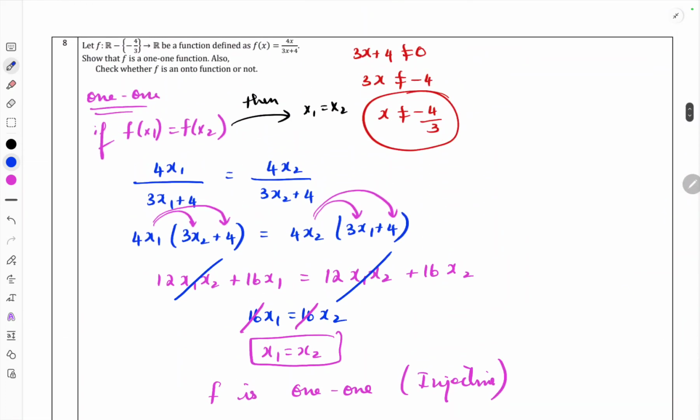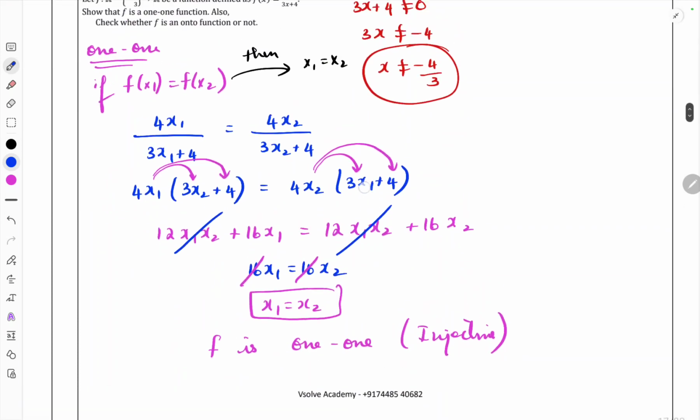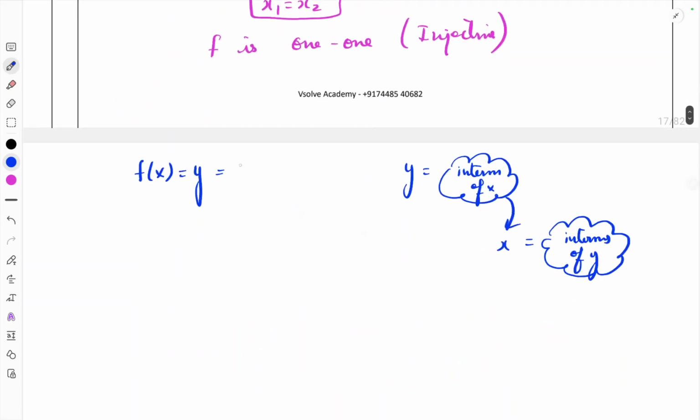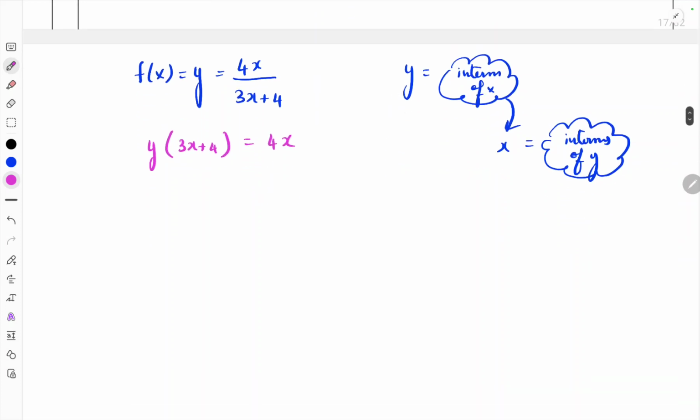From here y is equal to 4x divided by 3x plus 4. So if we have to write this as x equal to, we just have to multiply: y times 3x plus 4 equal to 4x. So from here 3yx plus 4y equal to 4x.